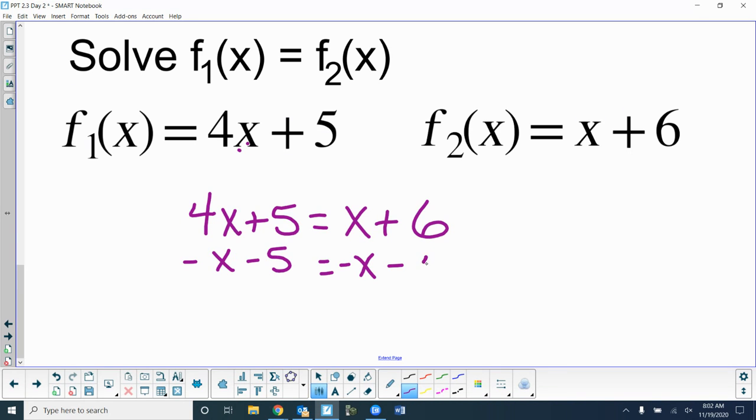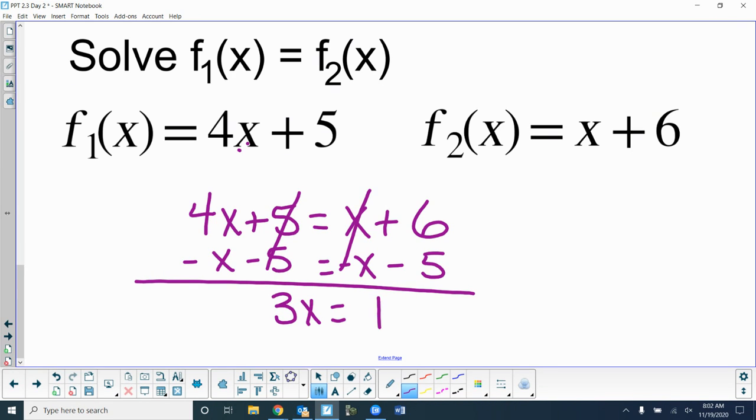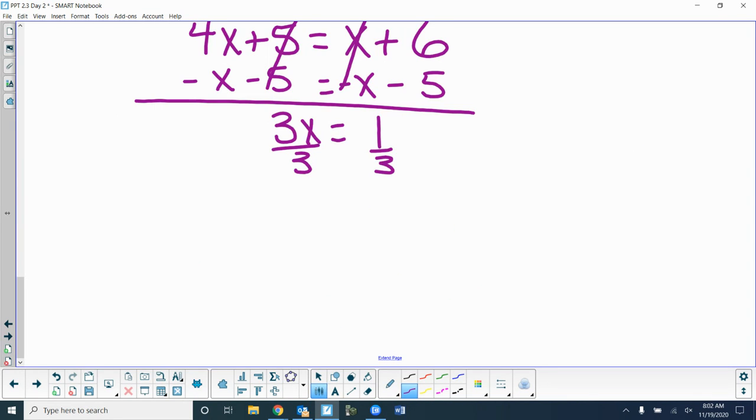Subtract the 5 to get the constants together. So I get 3x on the left and 1 on the right. And then finish it up. It's okay to get fractions as answers. If you have a few problems like that, just set the two functions equal, solve for x. Okay?